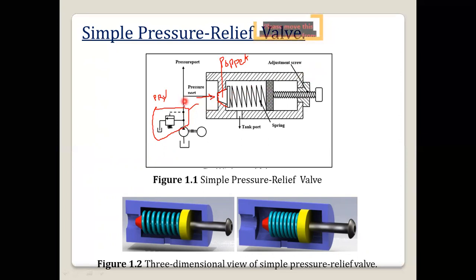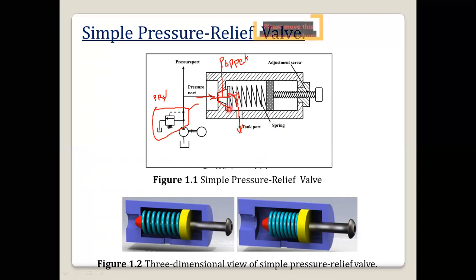If the pump operates at 75 bar, because the pressure relief valve is set to 75 bar, the poppet will move to the right side, the spring will compress, and the flow will take place from the pressure port to the tank port.